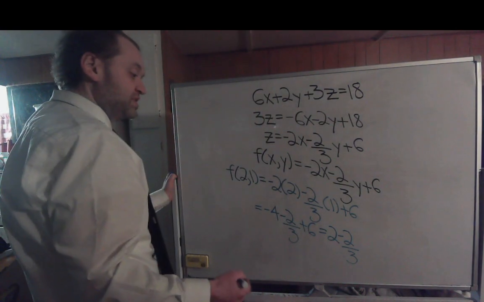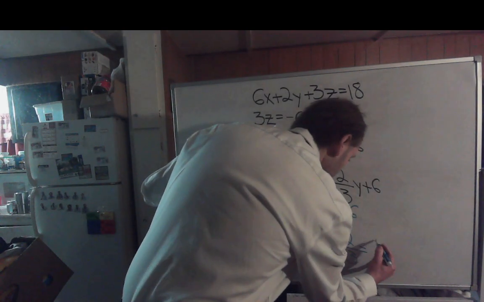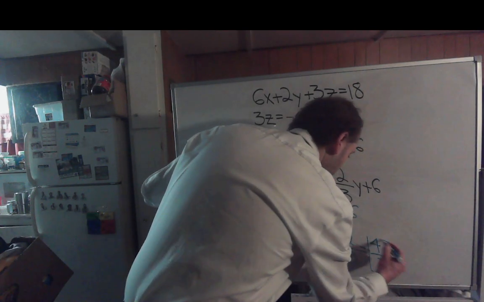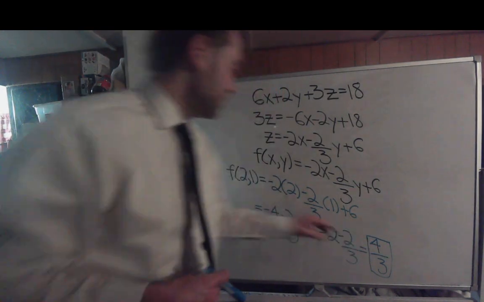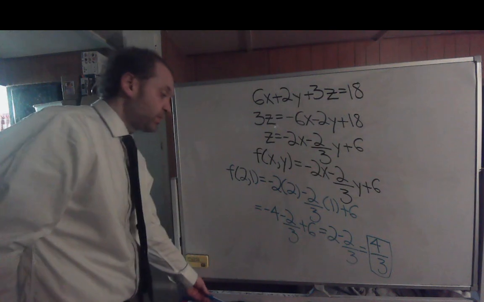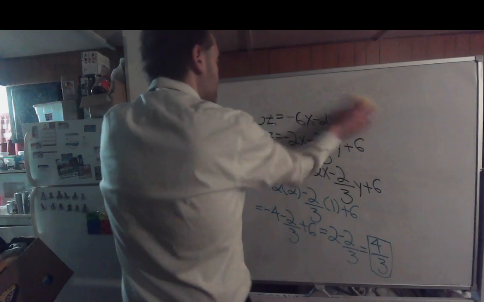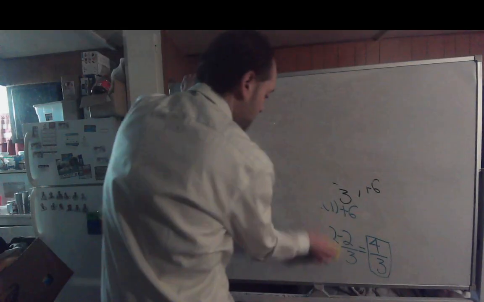So then, let's just solve this. You would end up having 4/3. The value you should get for f of 2, 1 would be 4/3. That would be your value of z at the point 2, 1. So that's how you solve a function of three variables. And we got more examples of this.